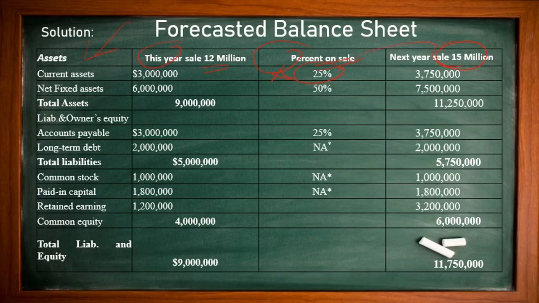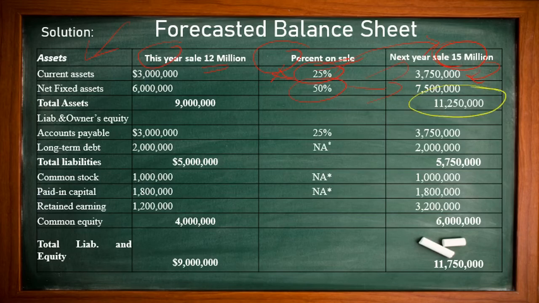So 25% of 15 million gives current assets of 3,750,000. We apply the same for fixed assets. Fixed assets are 50% of sale, so applying it to the new sale we get 7,500,000. And the total assets now are 11,250,000.